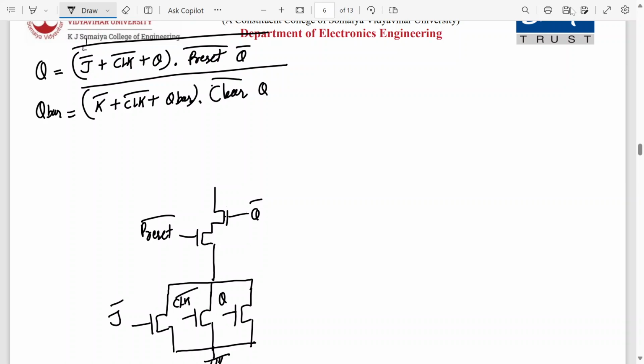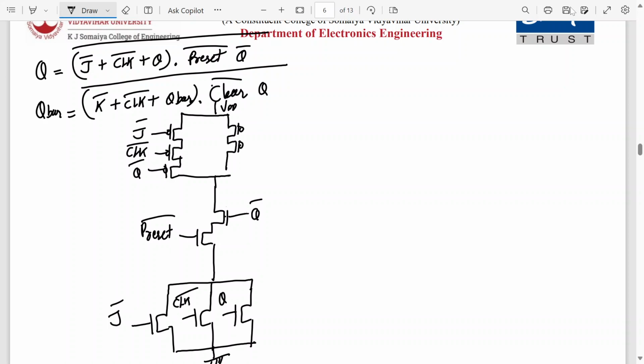Then there will be 3 transistors in parallel with the inputs J bar, clock bar and Q bar. They will be in series with another PMOS transistor. Oh sorry, I made a mistake. There will be 2 transistors right over here. Why?